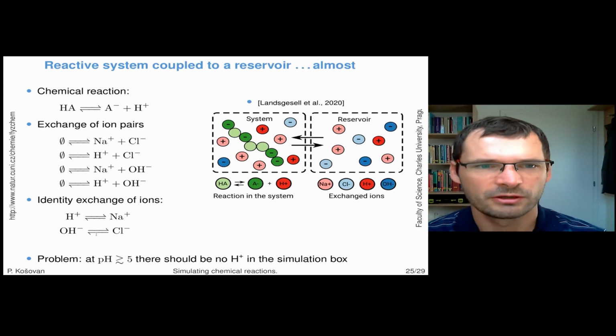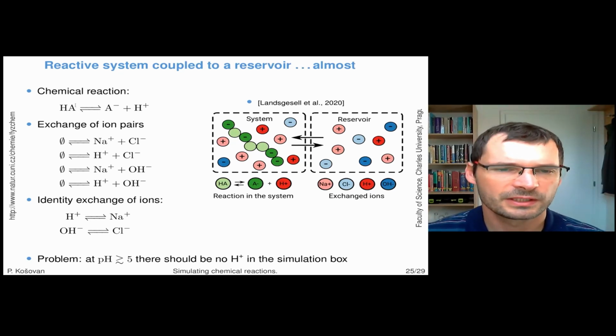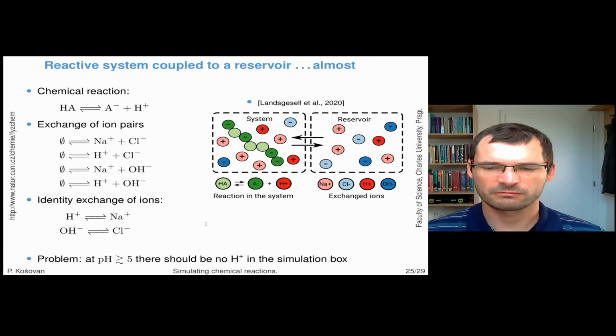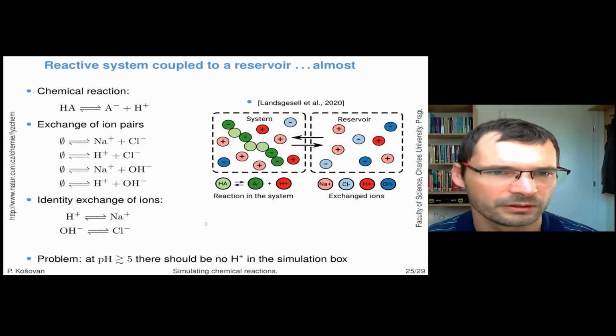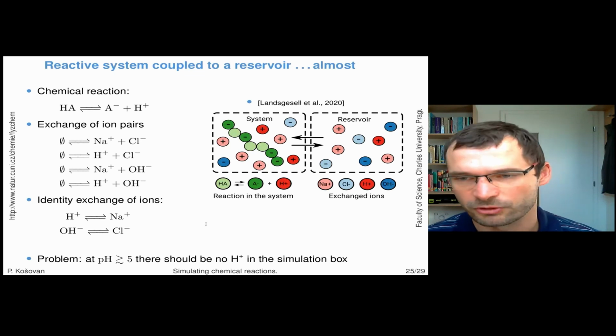And if there are no H+ ions, then this reaction cannot run in the reverse direction, and consequently I'm not able to sample the chemical equilibrium properly.